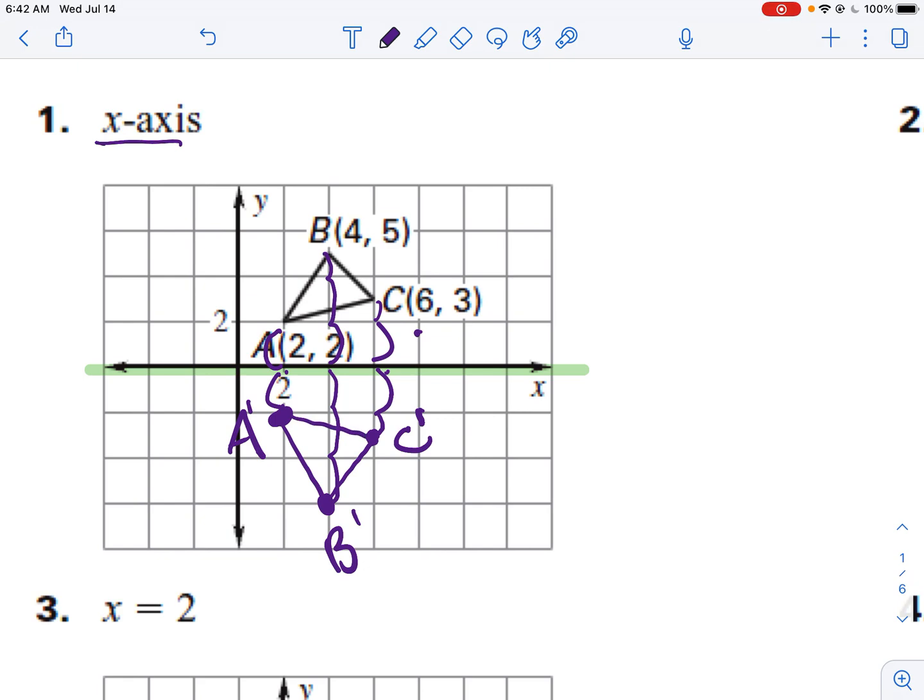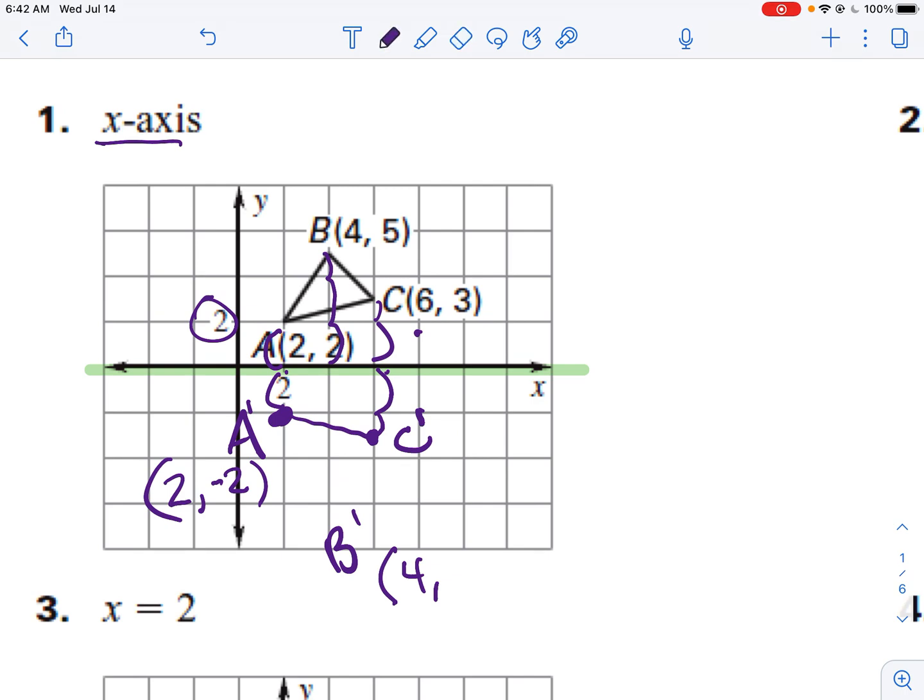If I was to label this, notice that these are going up by 2's. So this would be 2, negative 2. This would be 4. I messed up on the B. Did you see me mess up on the B?